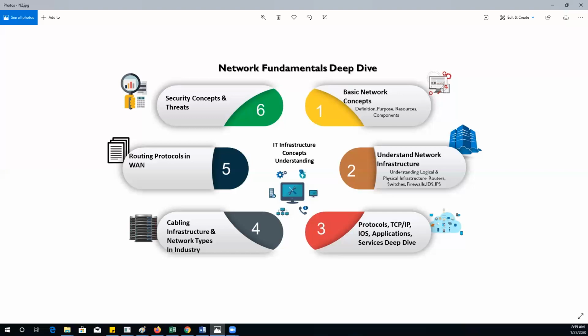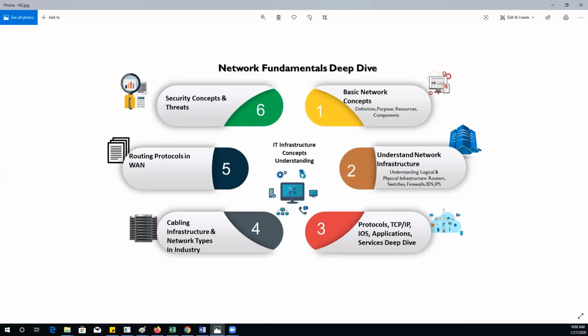When we are done with the four phases of network fundamentals, the second last and more important is routing protocols in the WAN industry, or the internet industry. Generally, when we sit in front of our end device, it might be a laptop, desktop, or a mobile phone.